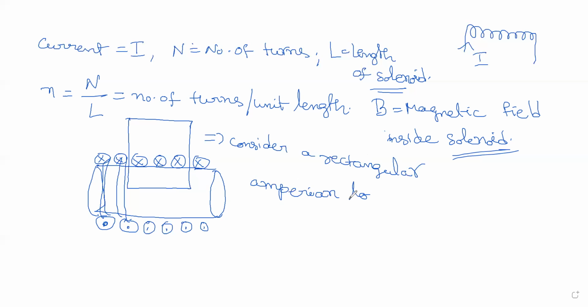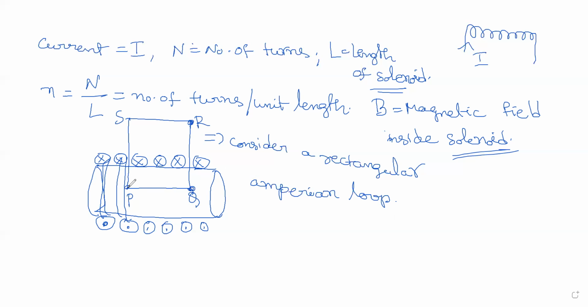So we consider a rectangular Amperian loop. It is our PQRS. That is our rectangular Amperian loop.